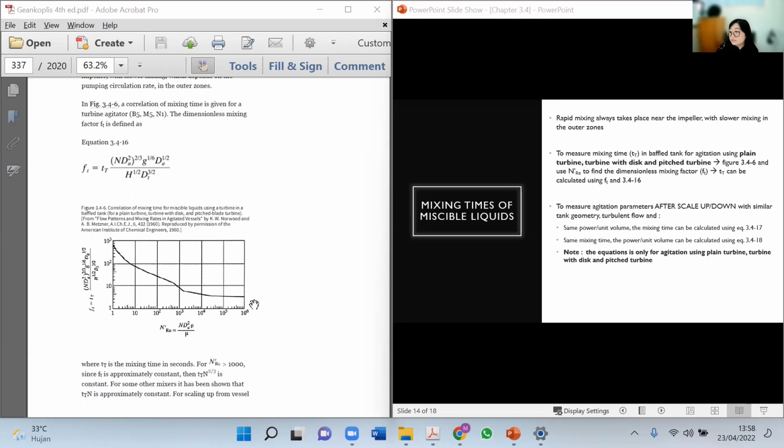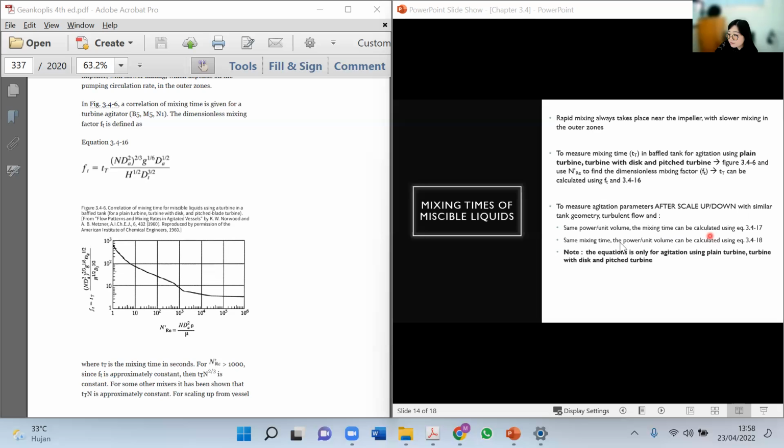To calculate the agitation parameters after scale-up or scale-down with similar geometry, for turbulent flow or alpha equals 1, for the same power per unit volume, the mixing time can be calculated using the simplified form, equation 3.4-17.